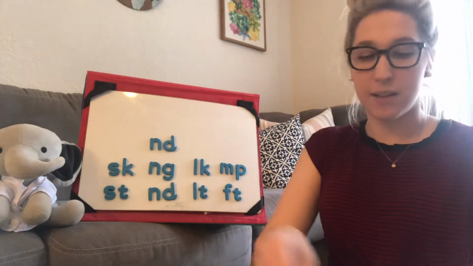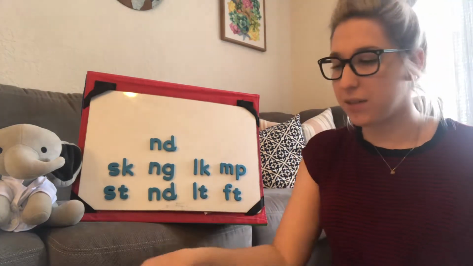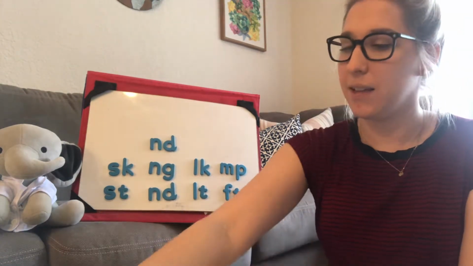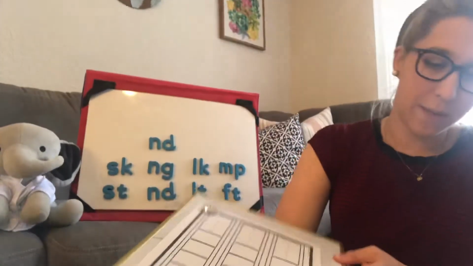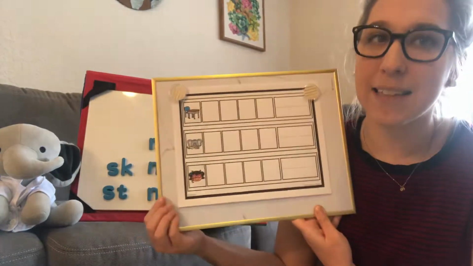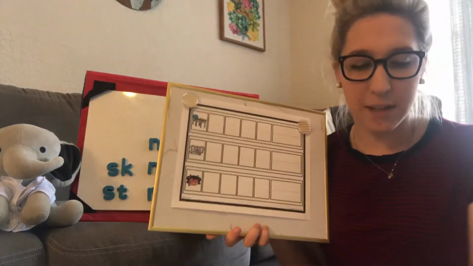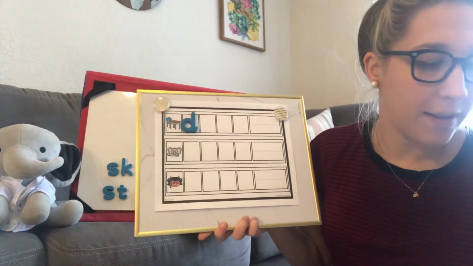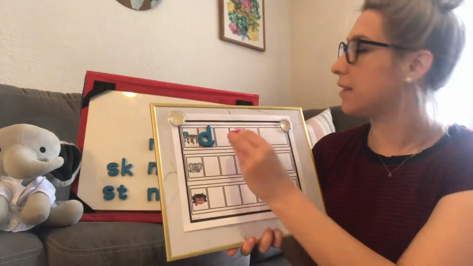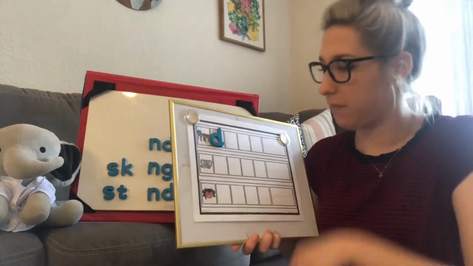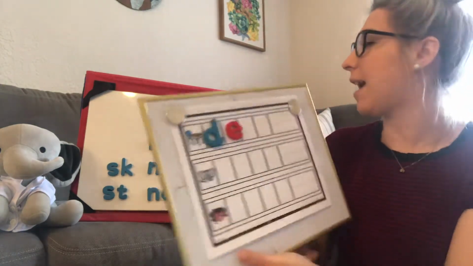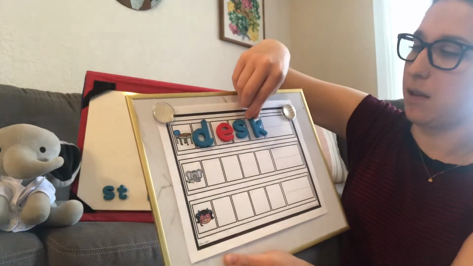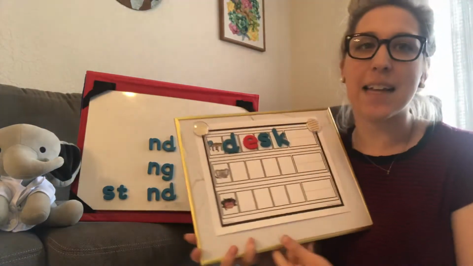sk at the end. Okay, with sk at the end, a word we might see is desk. Desk. What's the first sound? D. Eh. Sk. Desk. And then we'll have that SK at the end. An elephant has a tusk.